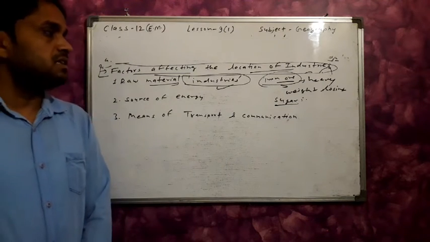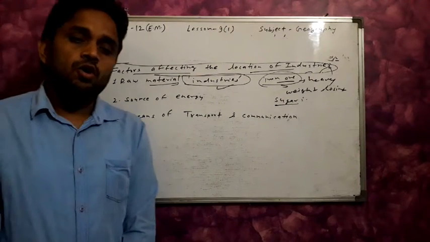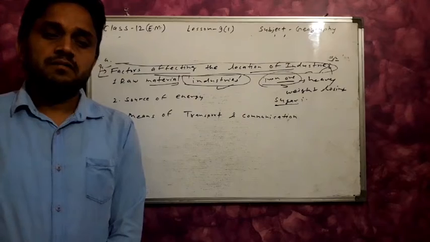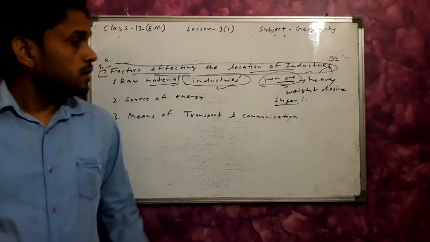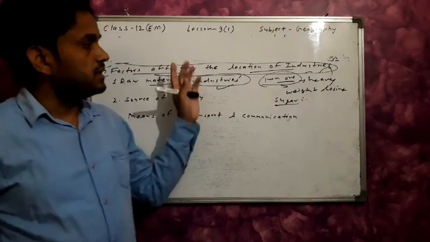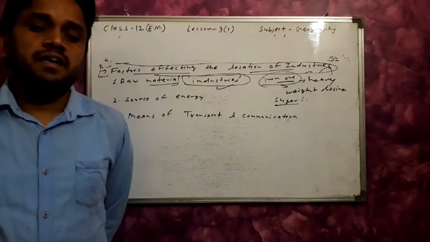So all these industries, here the weight losing industries, are established nearby the raw material. Clear? So particularly here the raw material also affects the location of the industries, localization of the industries.